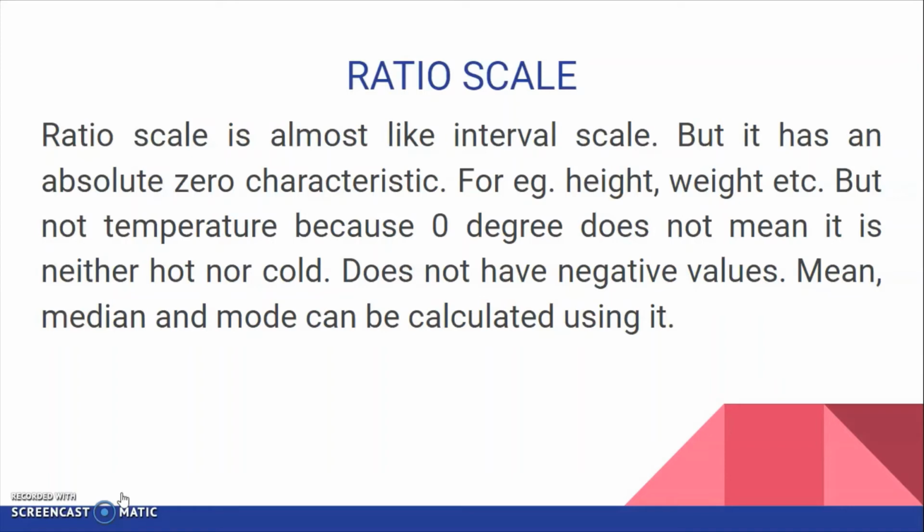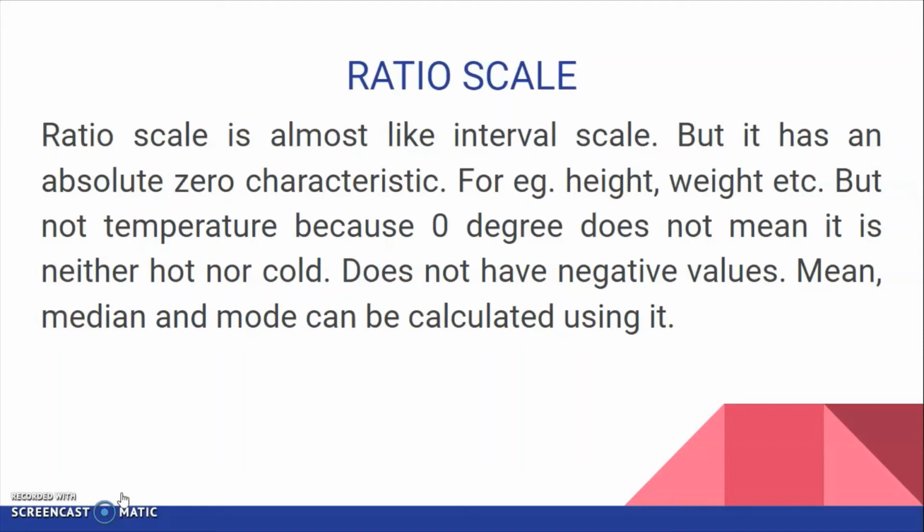So unlike the ordinal scale and the other scales, there is an absolute zero characteristic for a ratio scale. It is almost like interval scale, because there is an exact difference between each value point, but here it also contains the zero characteristic.